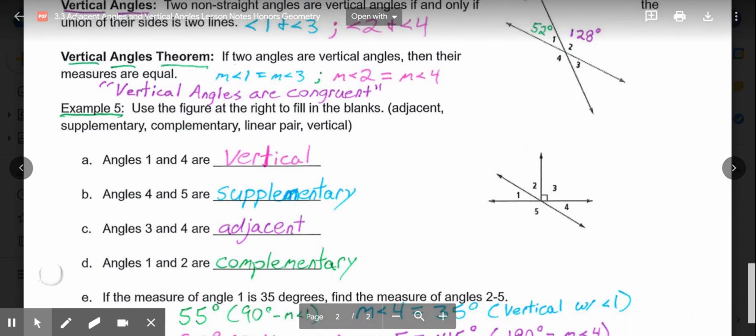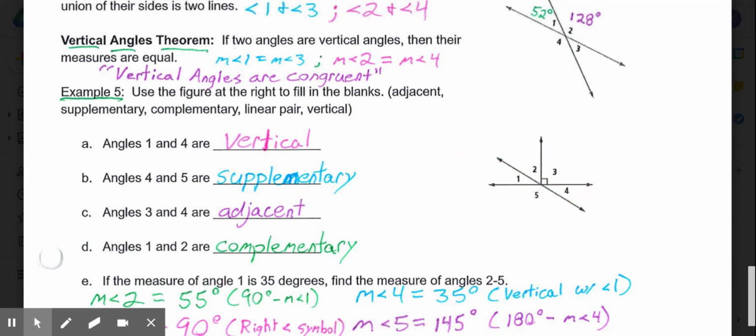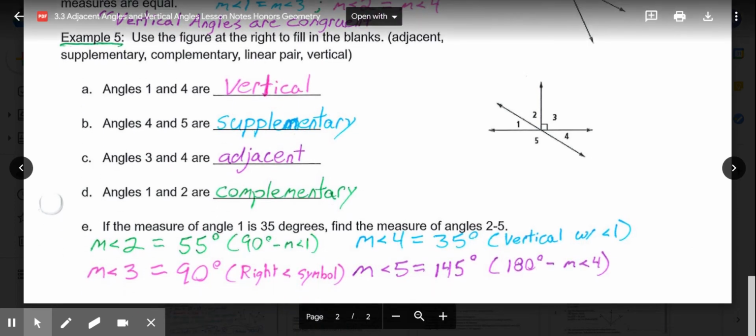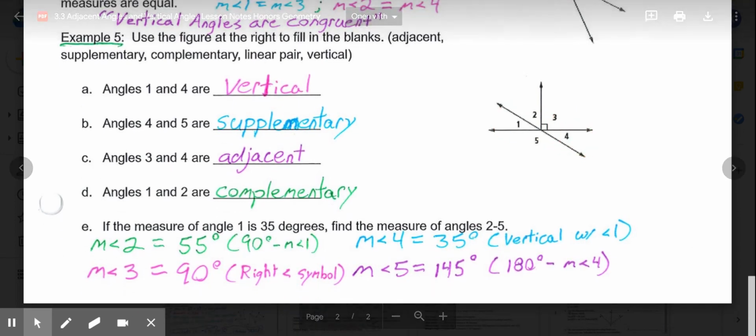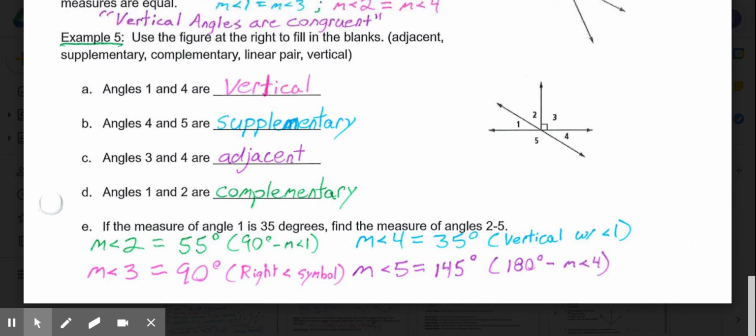Example 5 says use the figure at the right, so now we're looking at this one down here, to answer the following pieces. Angle 1 and angle 4: 1 and 4 are vertical angles. 4 and 5 together are supplementary.